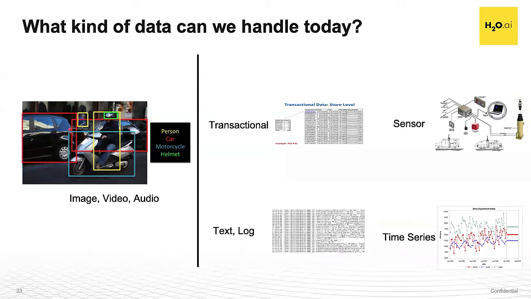We also have time series data. Time series data is a sequence of numbers which is collected at regular intervals of time, like stock prices or the rate at which COVID cases are increasing by month. So all these are time series data. So these are different kinds of data that machine learning algorithms can handle very easily.